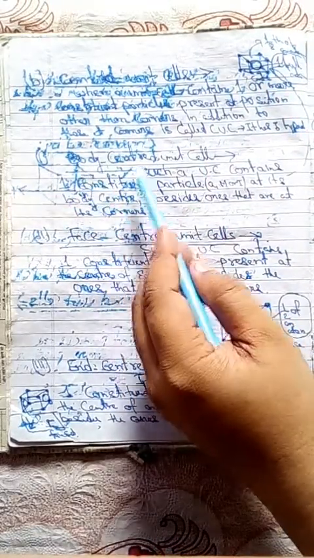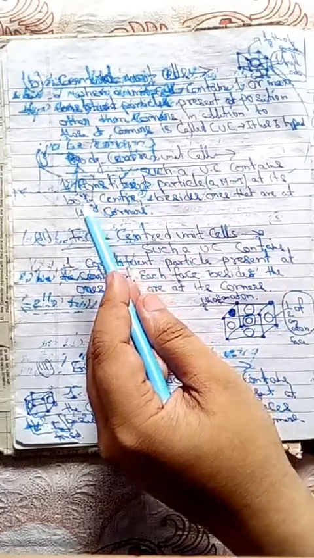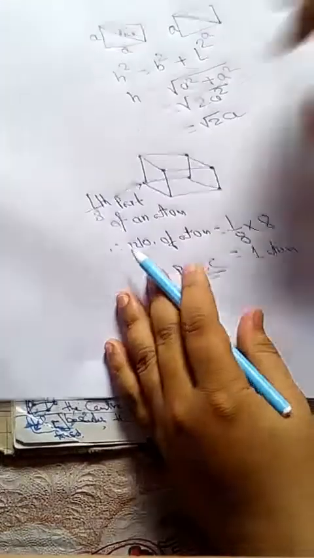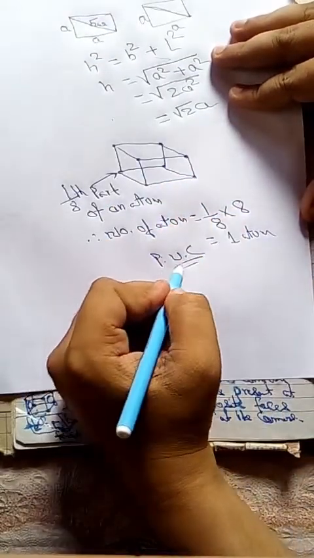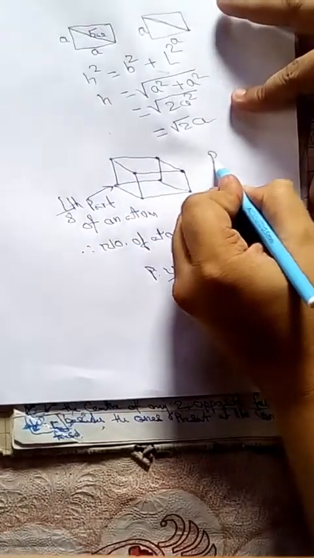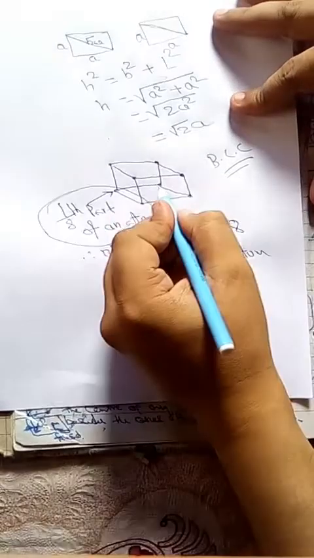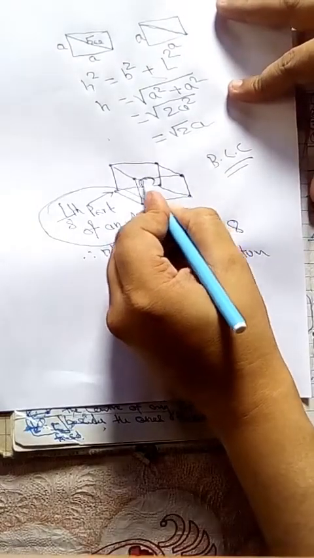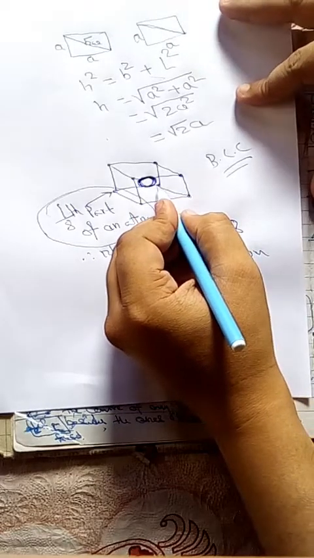So first is the body centered unit cell. Whom do we call a body centered unit cell? Let's see. In the same way as SCC or primitive unit cell, in the body centered unit cell we will see that apart from the 1 by 8 present at the corner, there is one complete atom present at the center or the body of a cubic crystal.